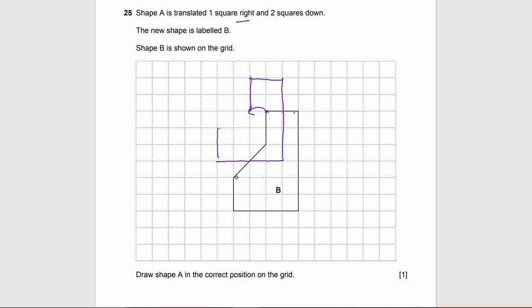Sorry, there's a mistake here. We need to erase this one.